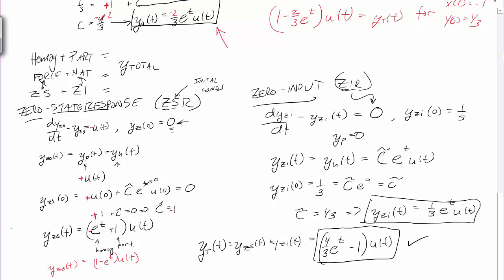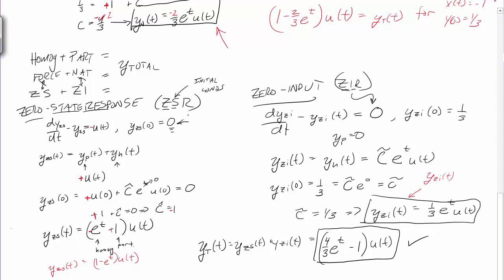However, when we go over here to the zero input response, the fact that I've changed the forcing function from plus 1 to minus 1 changes nothing about the setup of this problem, right? The zero input response, by definition, has zero input. We're just looking at the homogeneous part. So this is also the zero input response in the new condition.